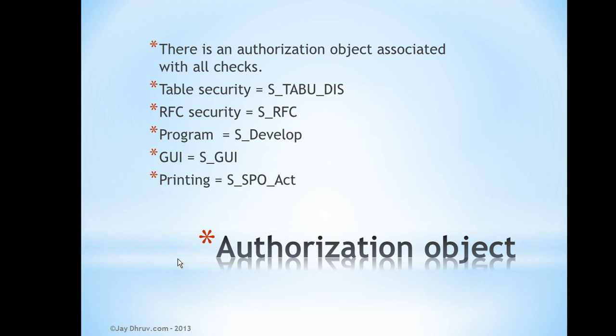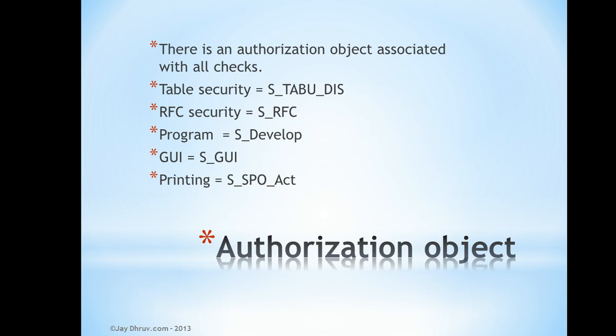Program development and execution is controlled by S_DEVELOP. GUI is graphical user interface. The control is S_GUI. Printing is controlled under S_SPO_ACTUAL. So these are a very few examples.